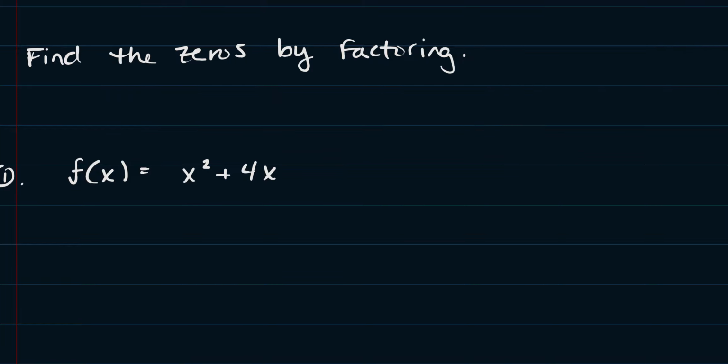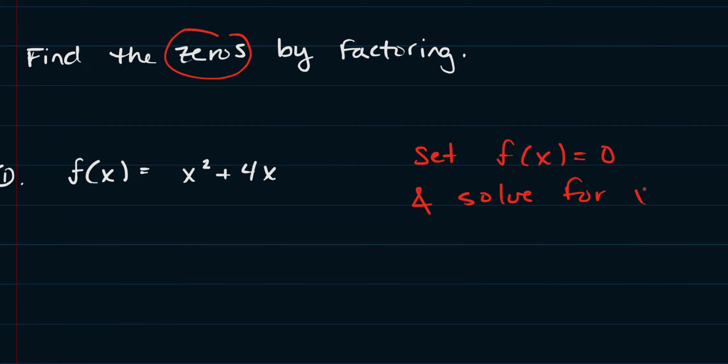Let's try this first one. I want to find the zeros by factoring. So we have to remember what it means to find zeros. We have to set f of x equal to 0 and solve for x.